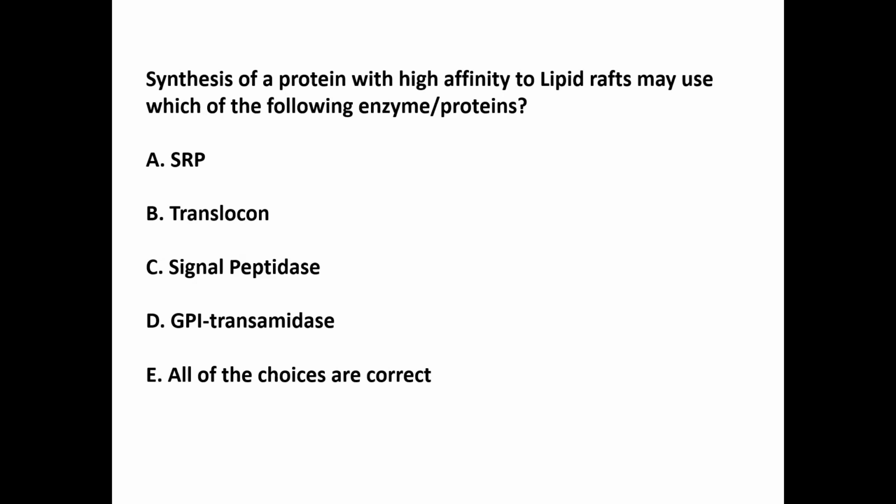And even if you don't remember that GPI transaminase, or glycosylphosphatidylinositol, is a lipid anchor, you can just choose that answer, because the others are used by many different types of soluble protein. So that cannot be the answer. And here GPI transaminase is the answer. So this is how, again, elimination or reasoning will help you to eliminate these choices.